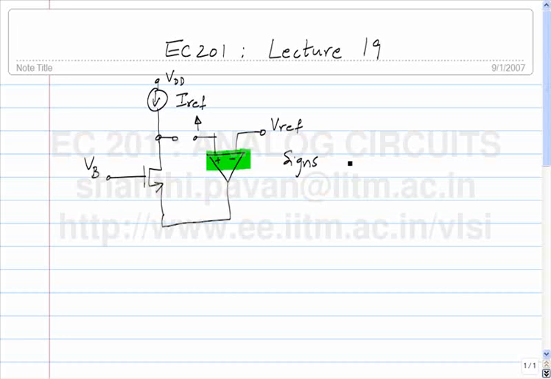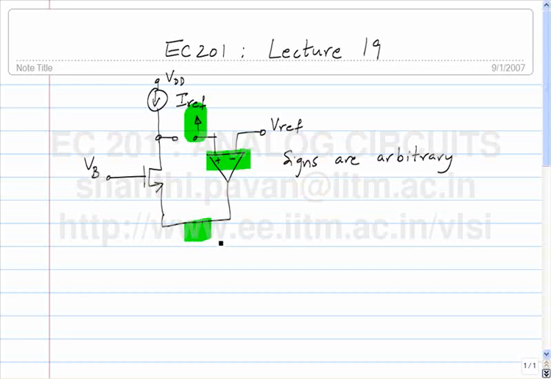We go around the loop. If we find that there is negative feedback with these signs, we're all done. On the other hand, if we find that it's positive feedback, we need to go and interchange the signs. Is that clear?